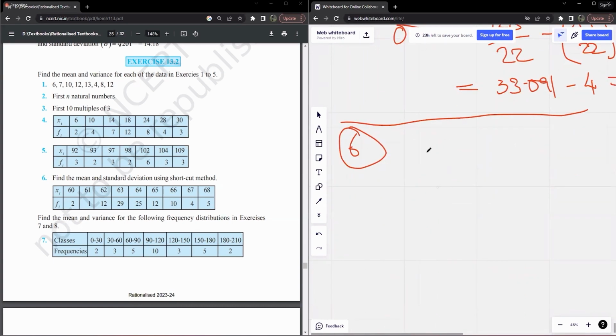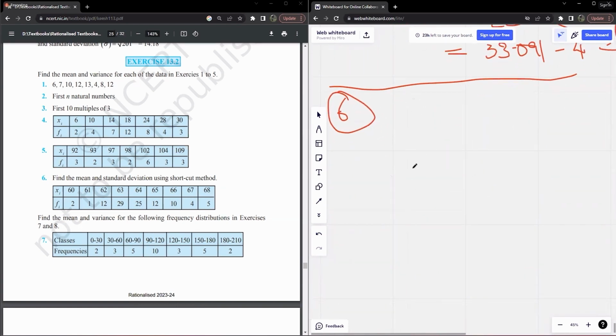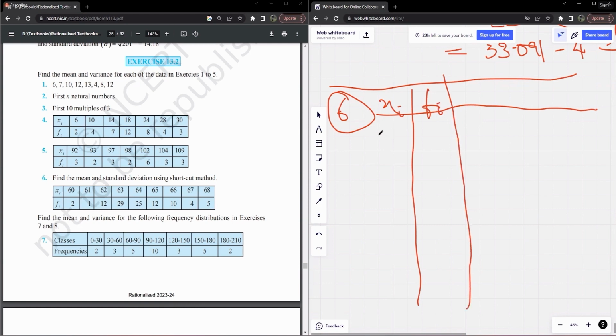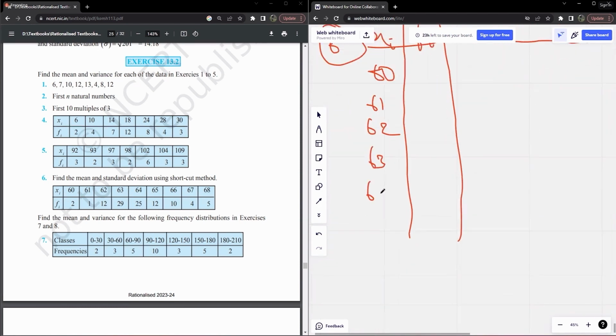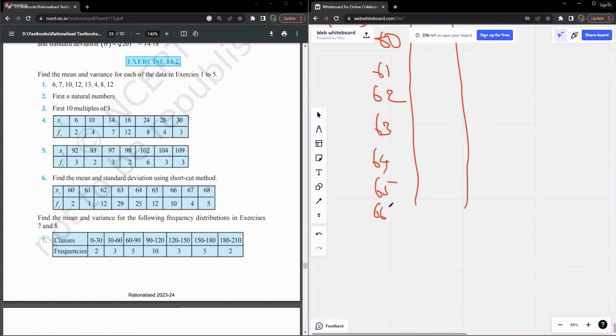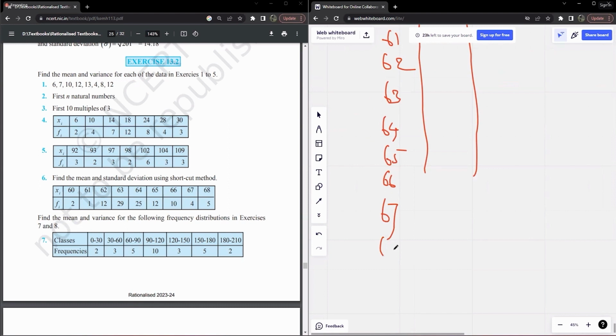So, fine. First, tabulate the data as usual. This is xi, this is fi. For xi, we have 60, then 61, then 62, then 63, then 64, 65, 66, 67, and 68.